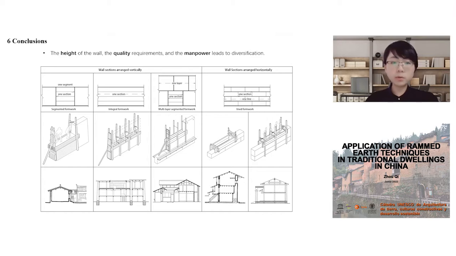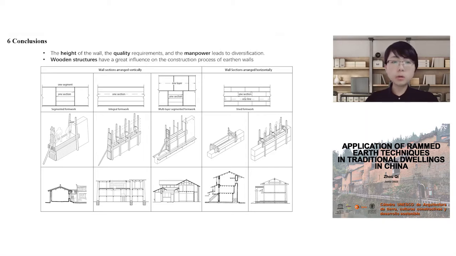The integral construction can improve efficiency while achieving the best integrity if there is sufficient manpower. The multi-layered segmented construction has the quickness of segmentation while also solving the problem of height. Rammed earth construction with small units is a flexible operation and has closer horizontal connection.